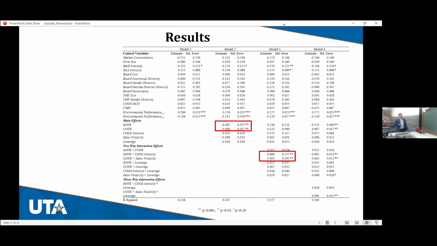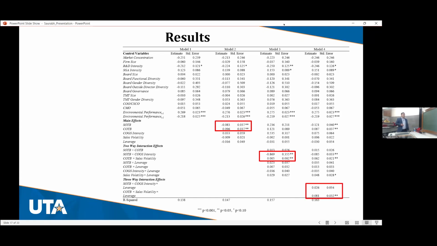These effects are further enhanced, in the sense worsened for the SOTB and enhanced, amplified for COTB, when there is greater COGS intensity and greater sales volatility. So the supply chain pressures are actually amplifying the existing relationships that are already there.